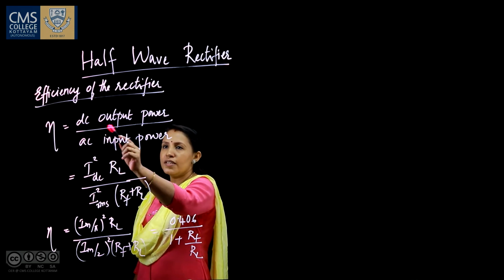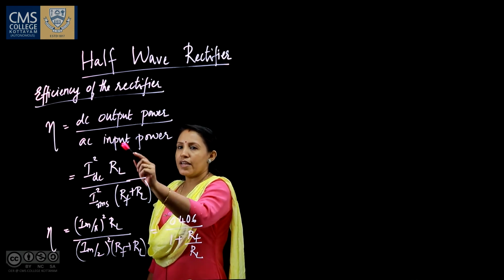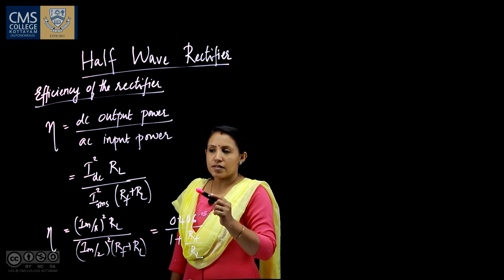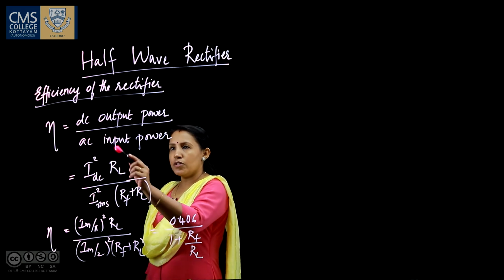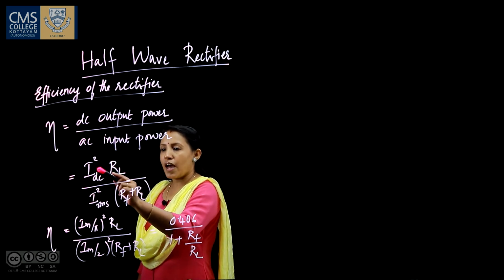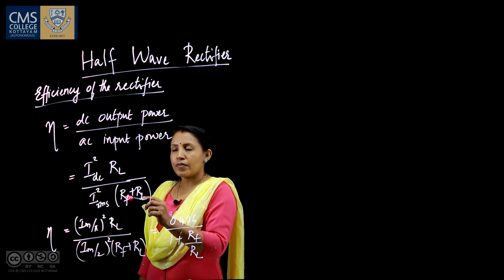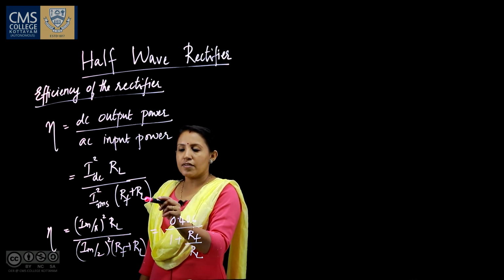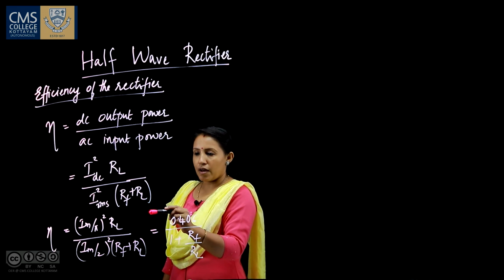Efficiency of the rectifier is given by the term eta. Eta is equal to the DC output power divided by the AC input power. The output is taken across the resistance RL, so the DC output power is I square DC into RL. The input always sees the diode as well as the load resistance RL.